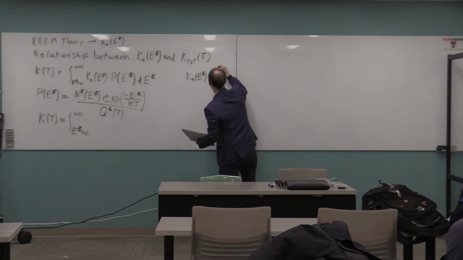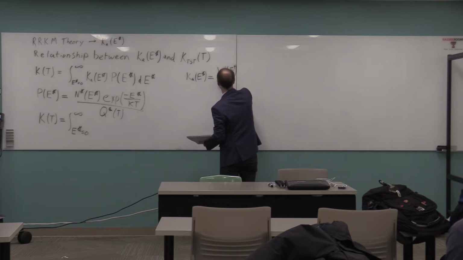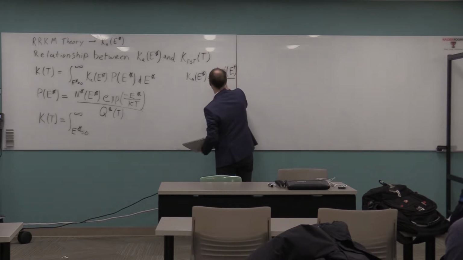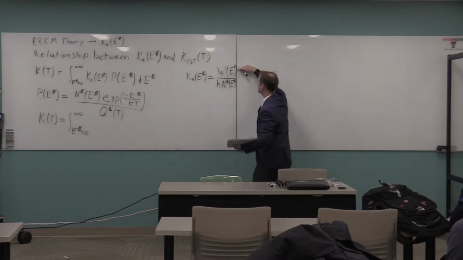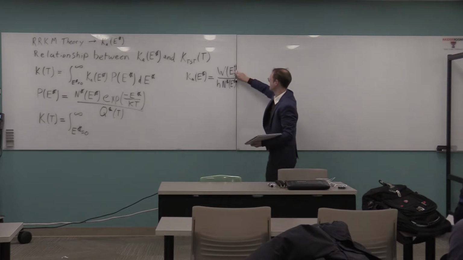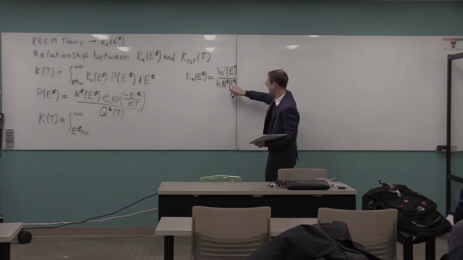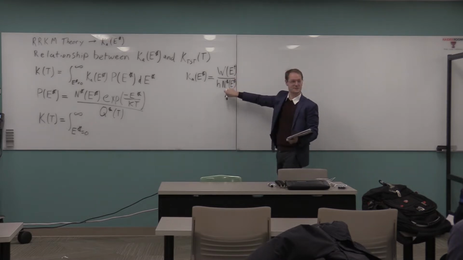It's just the total number of states up to the energy that you're exciting to, E plus, divided by Planck's constant times the density of reactant states. Right, so you count the number of transition states, vibration rotation states of the transition state up to energy E plus, which is the energy above the barrier, and then divide by the density of reactant states.